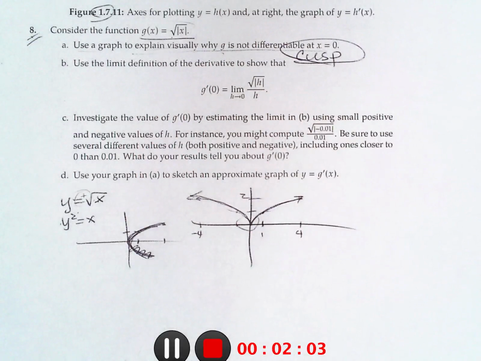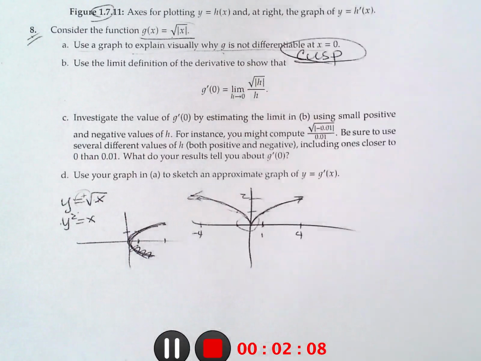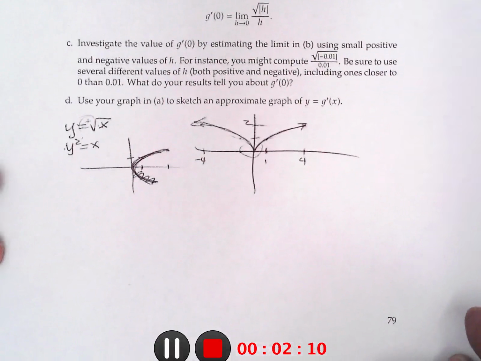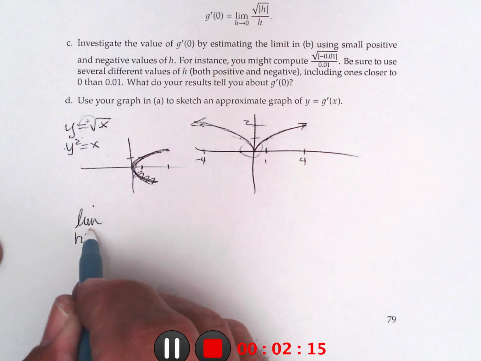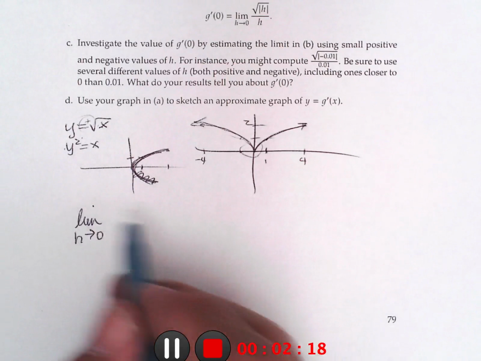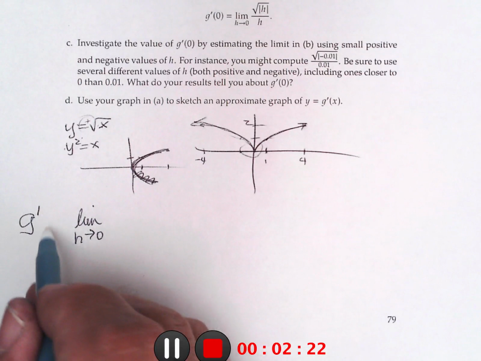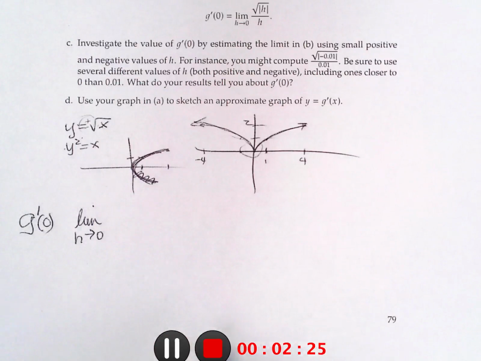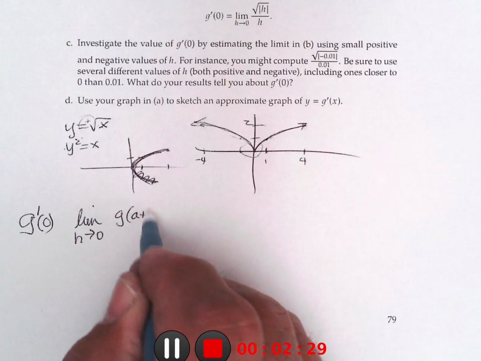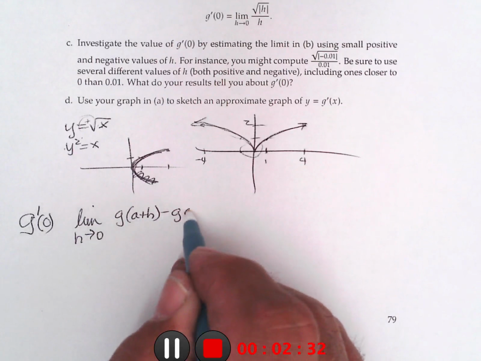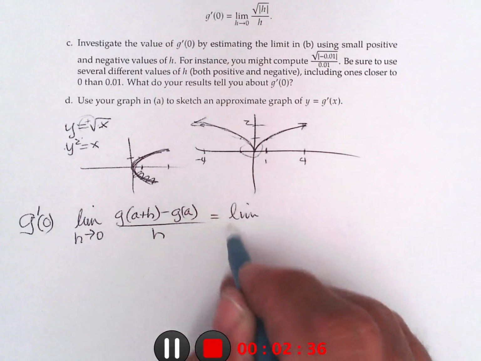Use the limit definition. Do you remember the limit definition of the derivative? That was the limit as h approaches 0. And we're supposed to be doing this for g prime of 0, so a is 0. So we're supposed to do g of a plus h minus g of a, over h. So that would be the limit as h approaches 0.